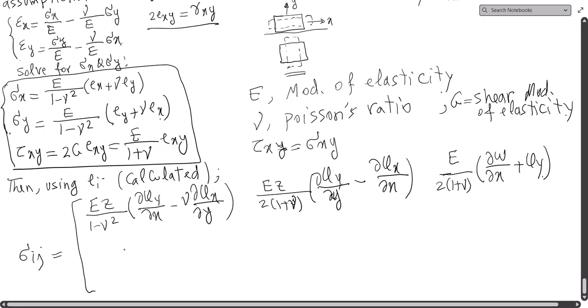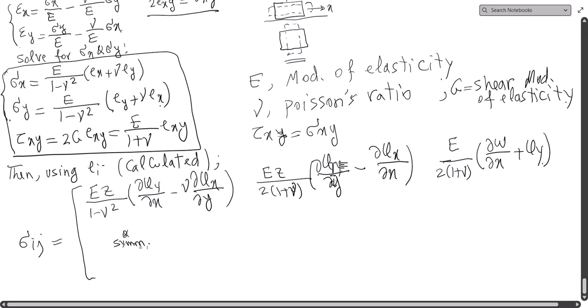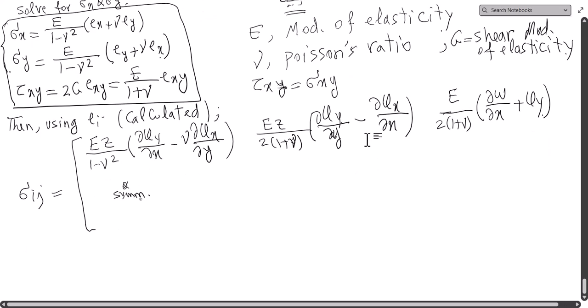Here we have symmetry, meaning sigma yx is equal to sigma xy.